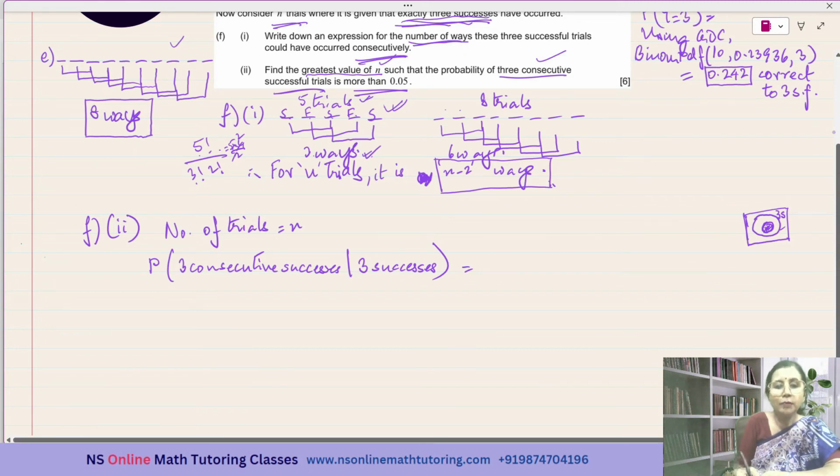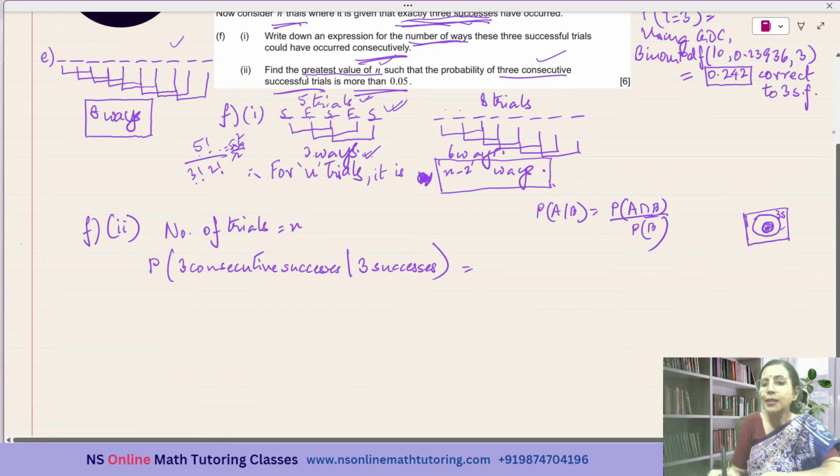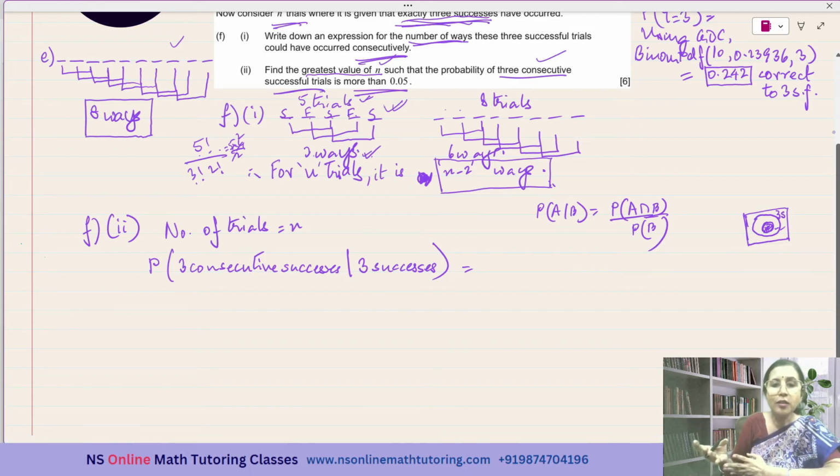So what will be the formula? It is for conditional probability P of A given that B has occurred. It is P of A intersection B over P of B. Right. And now we are seeing, since it is a subset, therefore P of 3 consecutive successes and 3 successes is equivalent to P of 3 consecutive successes.